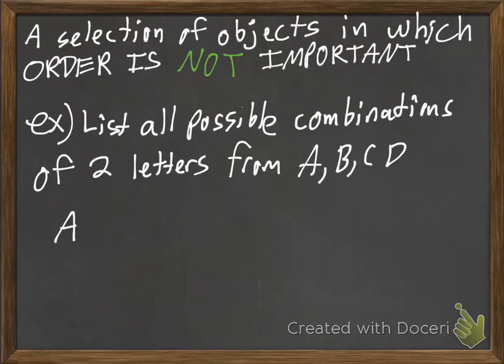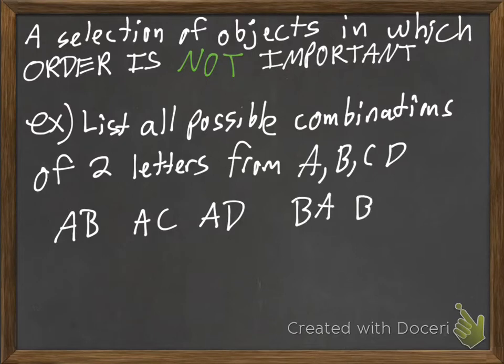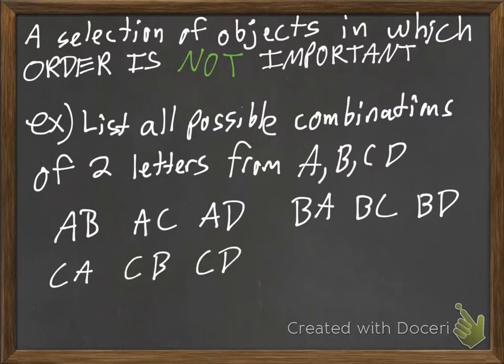So we start out with A, and we have AB, then AC, then AD, then with B we have BA, BC, BD, then with C we have CA, CB, CD, and then with D we have DA, DB, and DC.